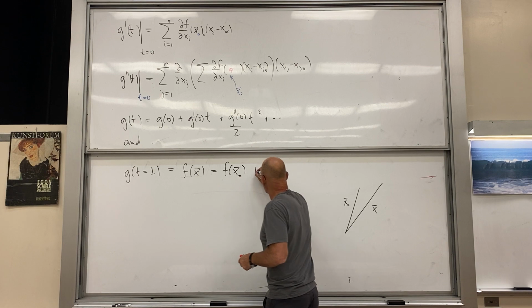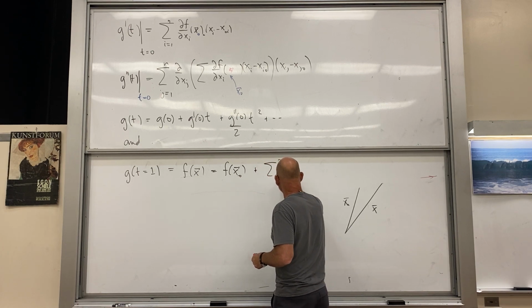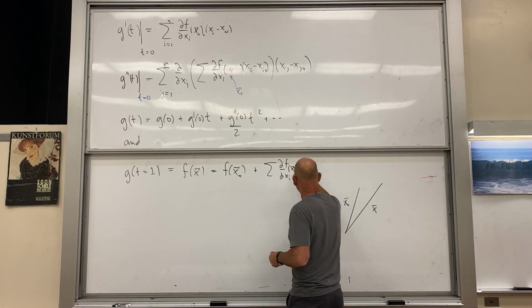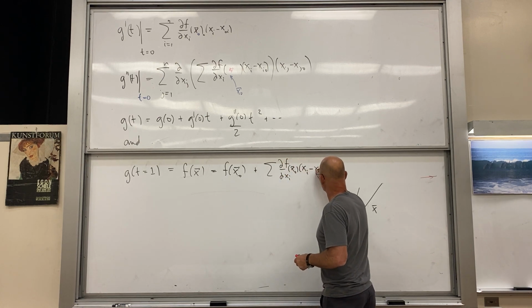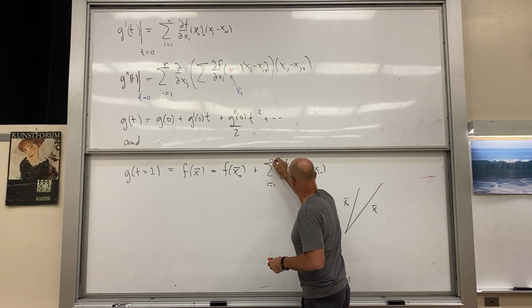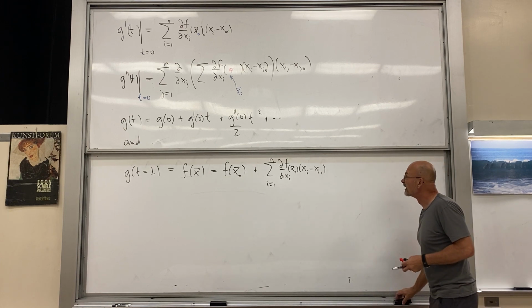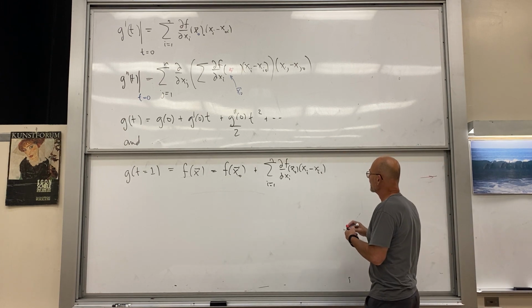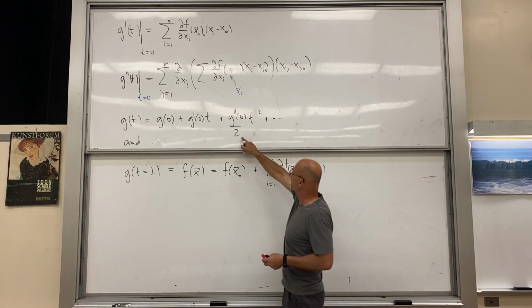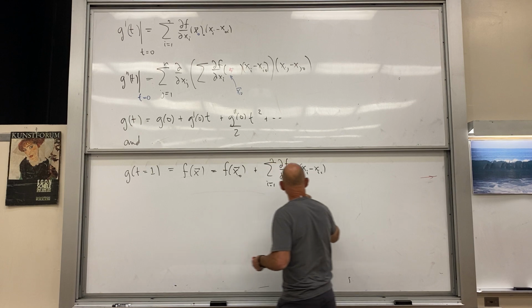And we're going to have plus sum over df dxi, evaluated at x0, xi minus xi0, i equals 1 to n. And for that third term, got the double sum, and got the 1/2 right here. See, when I plug in t equals 1, of course, this just turns into 1 and a 1.